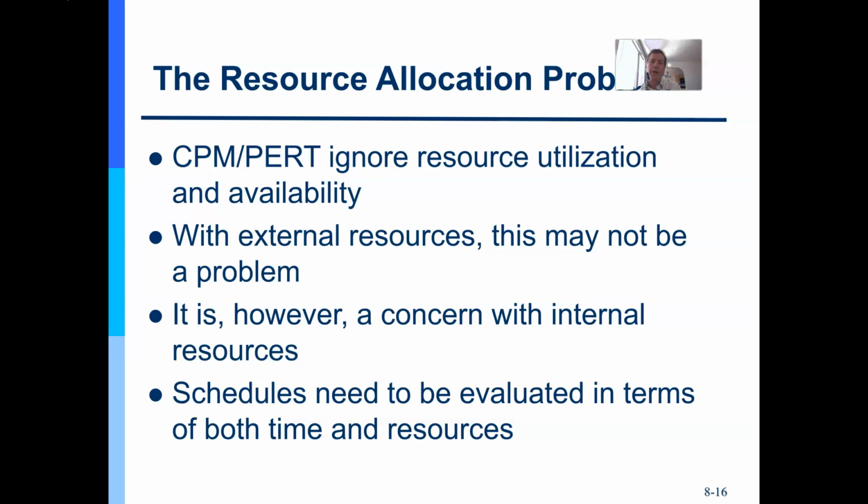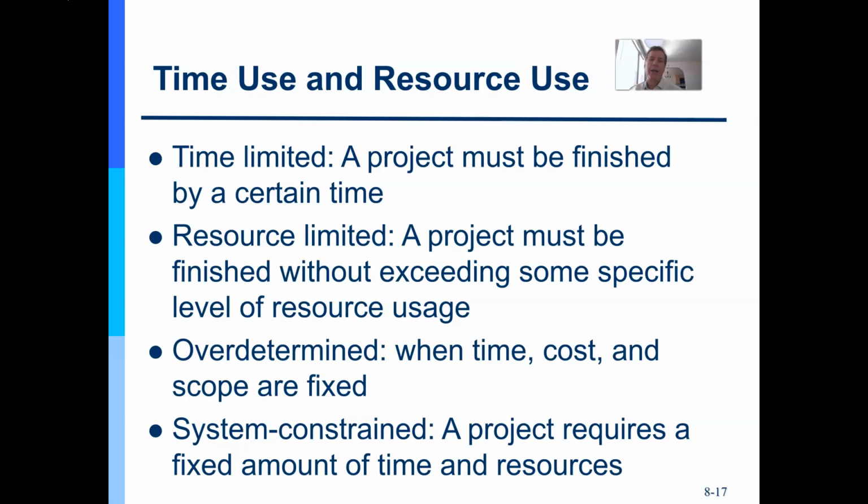And also with external resources, this might not be a problem because when I contract something out, it becomes their problem, right? And that's for the supplier to figure out. But either way, schedules need to be evaluated, and that's why at the end of schedule management, we do schedule network analysis, which considers resourcing also. Because remember, time is limited. The project has to be finished in a certain amount of time.